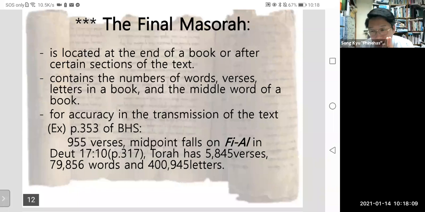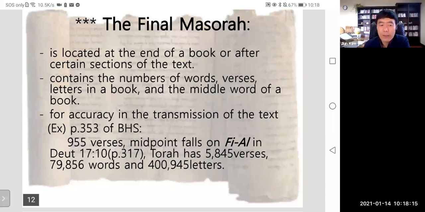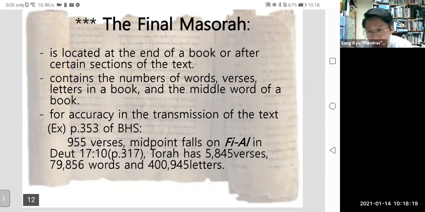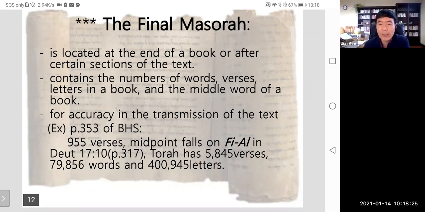And just a while back, sir, you showed at the back the number of each alphabet, and when they copied, they also checked the number of the words.